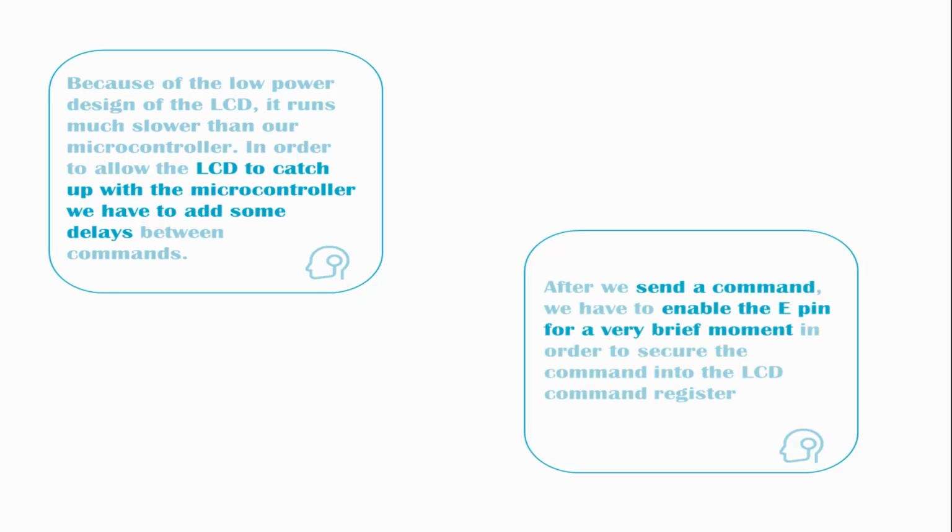That's something we should keep in mind. And the second thing is, after we send a command, we have to enable the E pin for a brief moment in order to secure the command into the LCD command register. What I mean by enabling the E pin for a brief moment is just to send a pulse through the E pin, and we'll see this when we write our code.